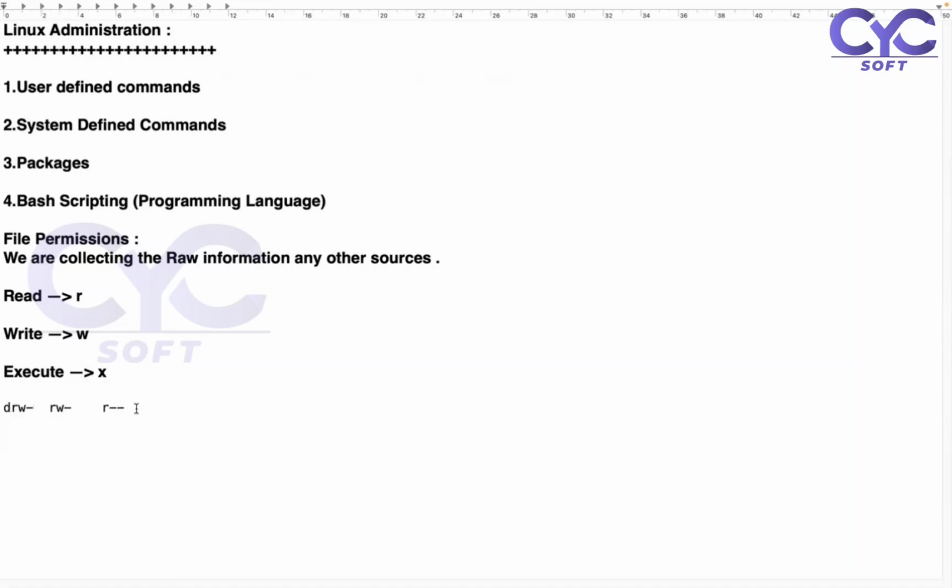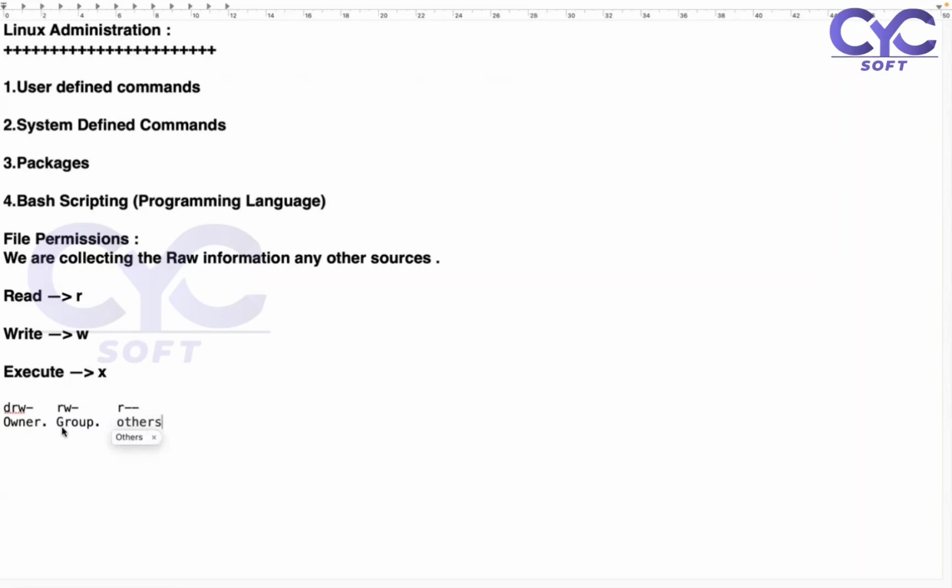Remember this. The first three characters represent the owner. The second three represent the group. And the third three represent others. Owner, group, others.